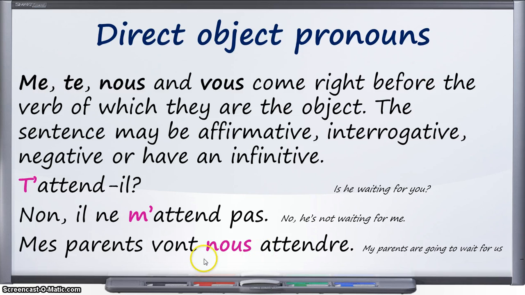Here we have the conjugated verb vont, which means going. My parents are going to wait for us. Whenever in a sentence you have a verb that is conjugated and the infinitive of another verb that follows it, the direct object pronoun will go right between the two verbs.